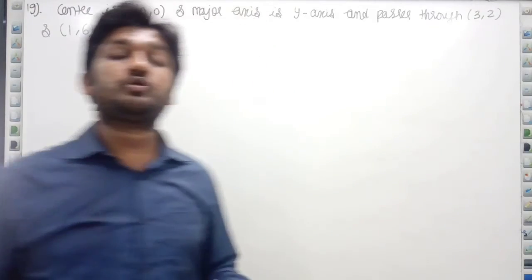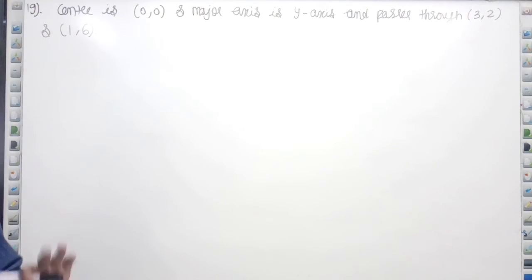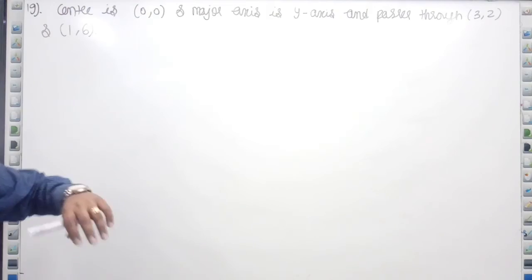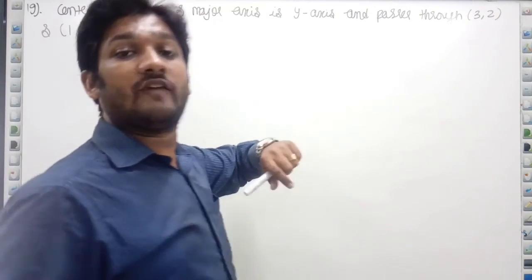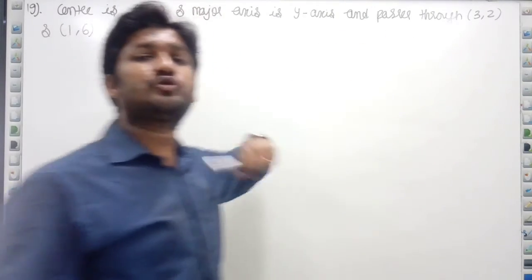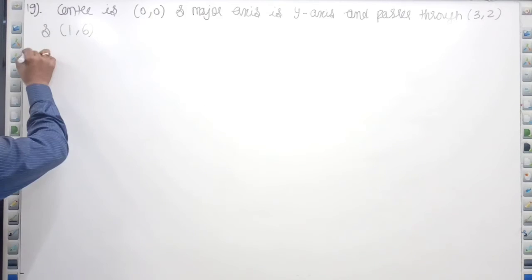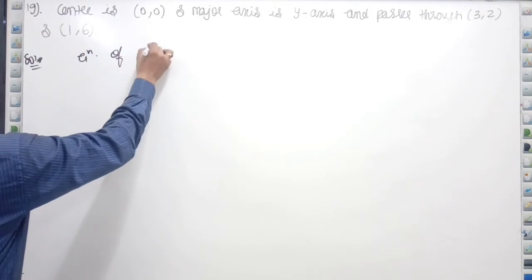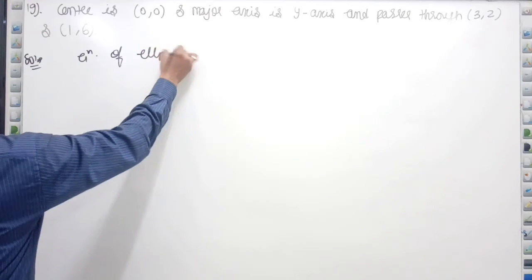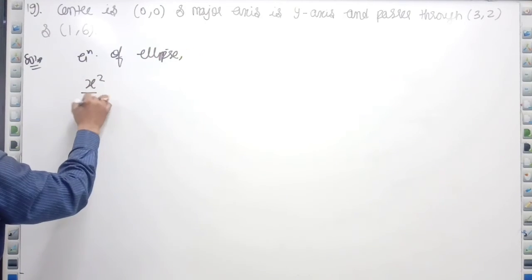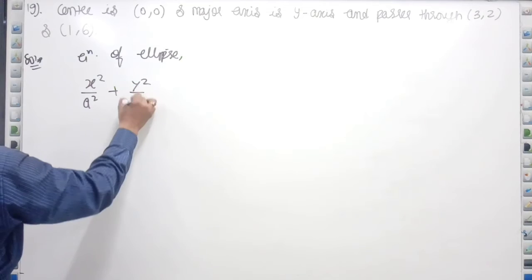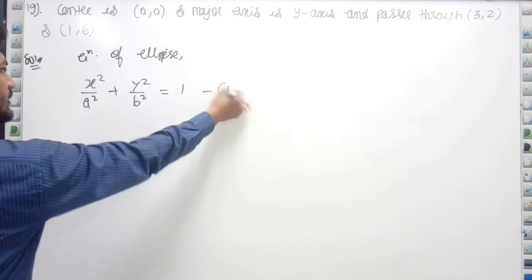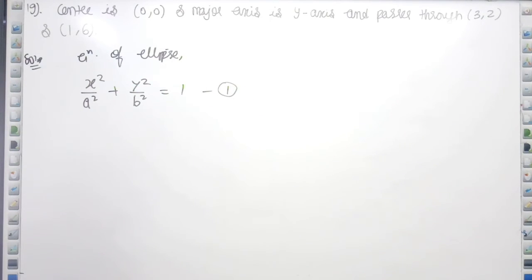Now next question, question number 19. Last two questions, 19 and 20, are the same. What is there? The center is 0, 0, major axis is on the y-axis and passes through 2 points. What do we have? The equation of ellipse, we can say every time, x square by a square plus y square by b square equal to 1 when center is 0, 0.